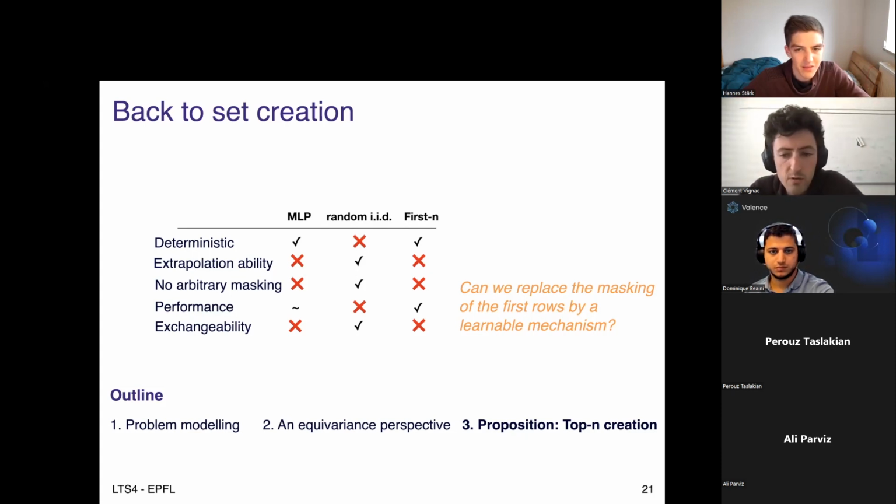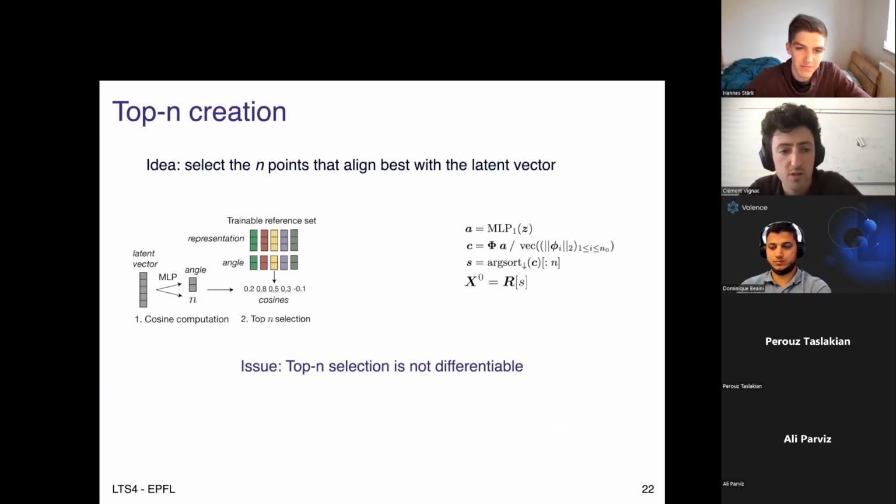Okay, so instead of picking the first points, let's try to have a mechanism to select the points that we want in the reference set. So we still have our trainable reference set, and instead of having one vector, which is its representation, we have a second vector as well, which we call the angle. Given the latent vector, we predict an angle as well.